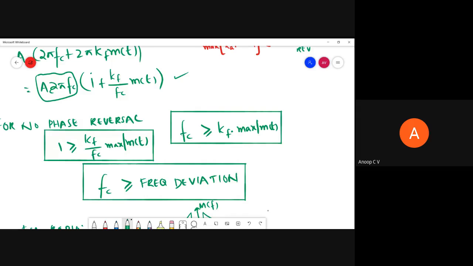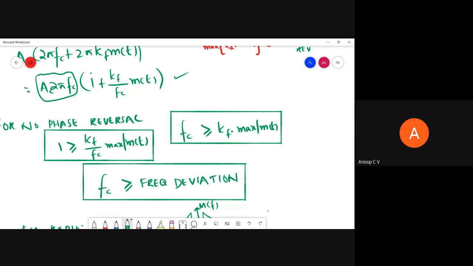So maybe you should pass this through a filter or attenuator, or a filter with gain equal to 1 by this, so that you will get 1 plus kf by fc times m of t.